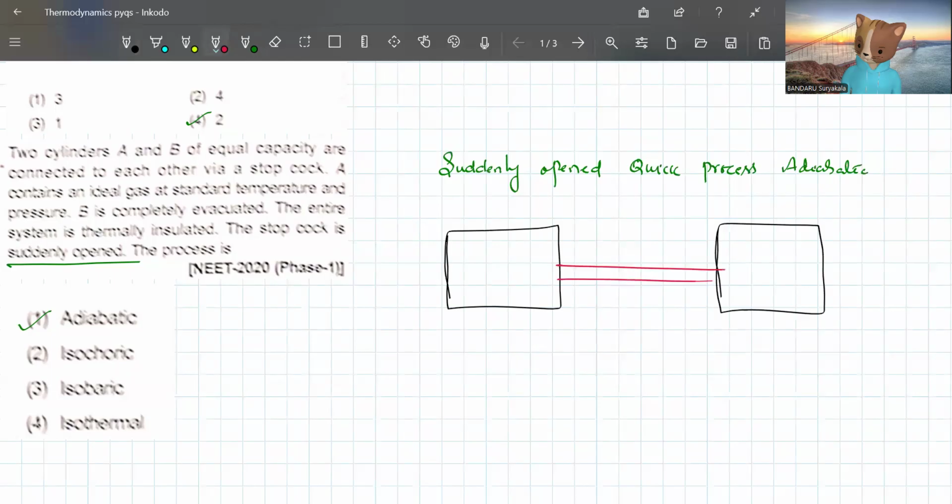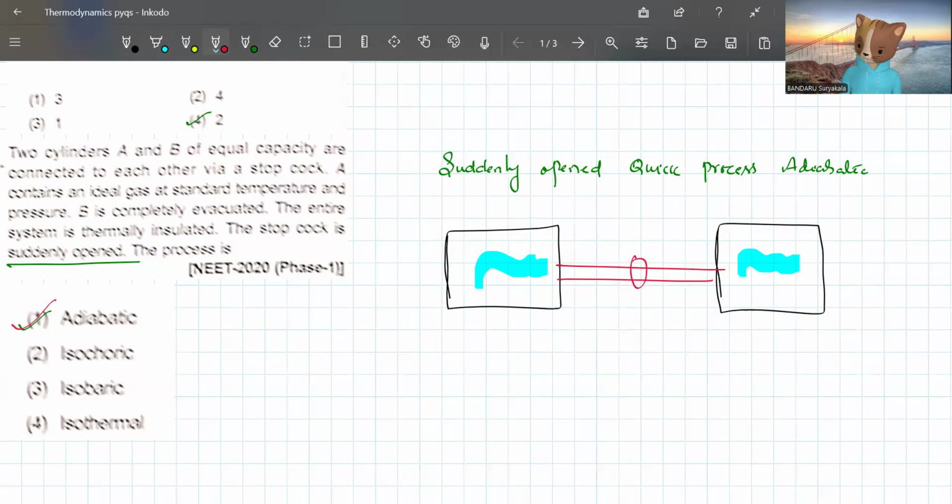We have a stopcock here. Now we are removing this stopcock, which means the gas particles are moving from here to here in a quick process. Quick process means it is an example of an adiabatic process. So the answer for this problem is adiabatic process. Why? Because isothermal is a slow process, adiabatic is a quick process.